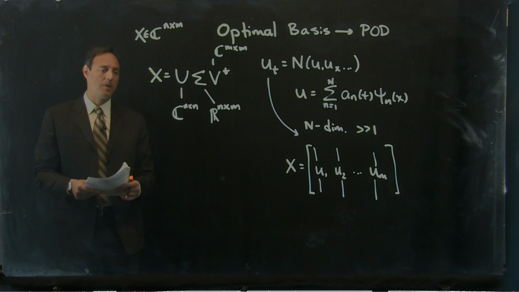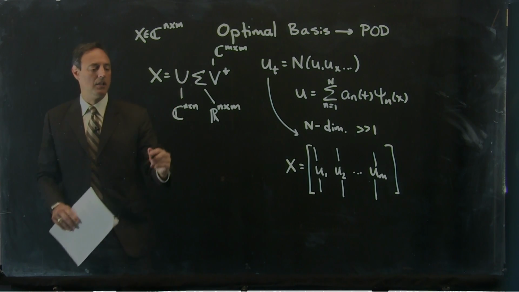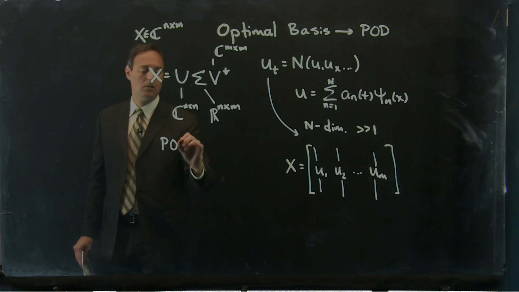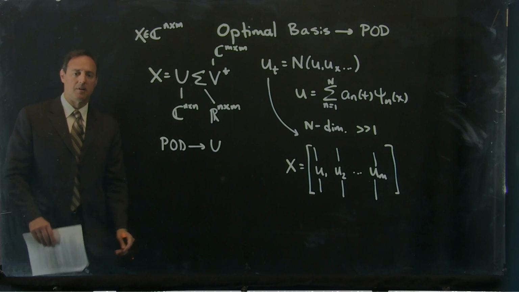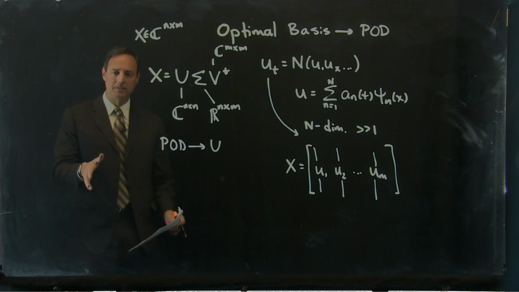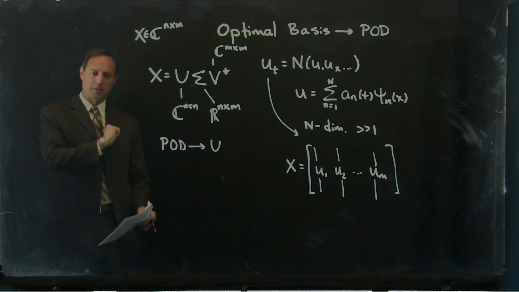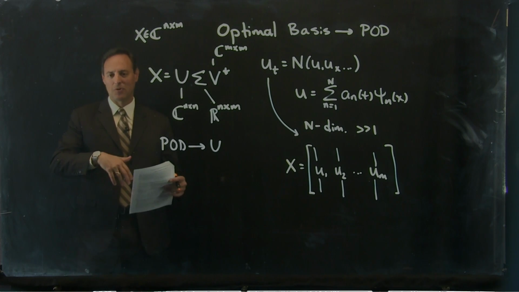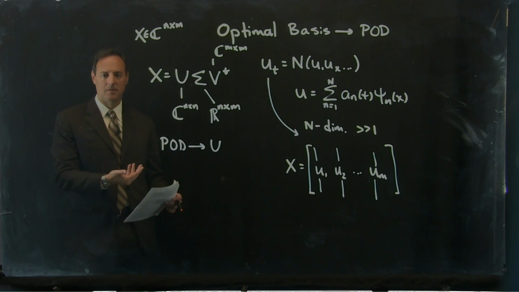And so what I really want to think about is this matrix U. When you do POD, you want to think about that matrix U that comes out. That matrix U contains the modes that dominate the correlative structure of the data matrix X. If you're doing more general data science methods, these are often called your PCA components.